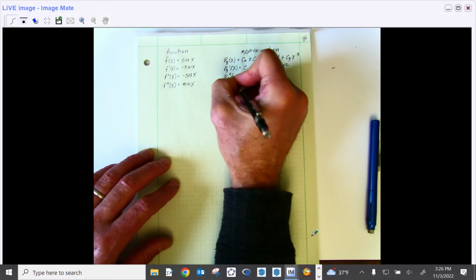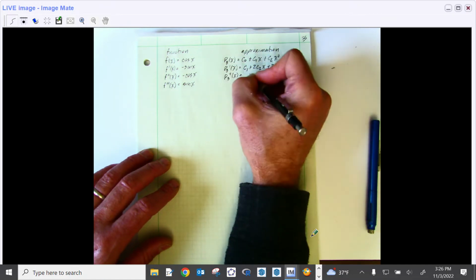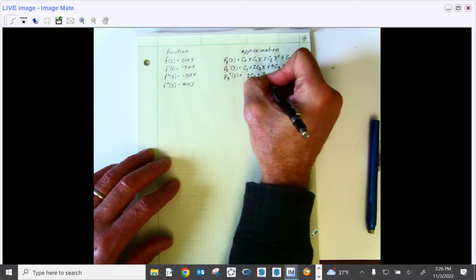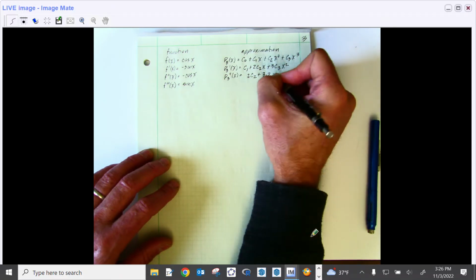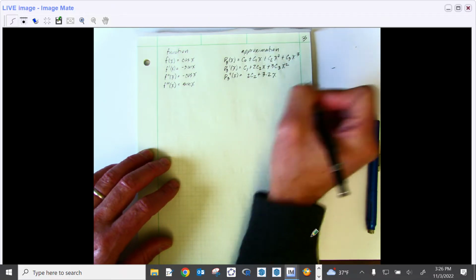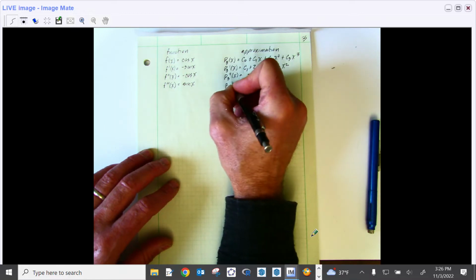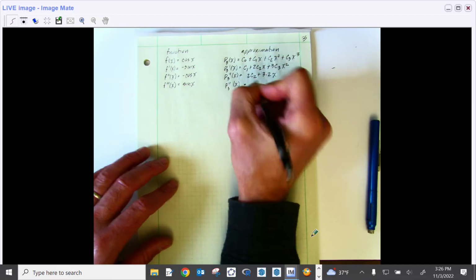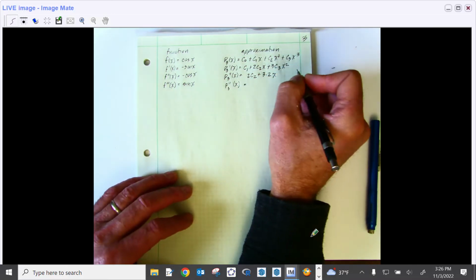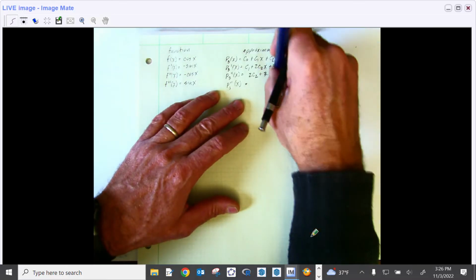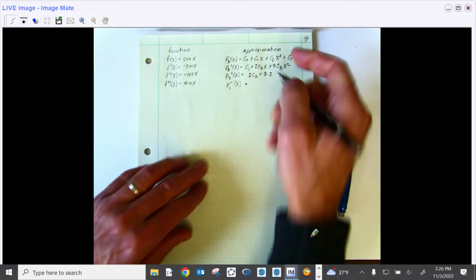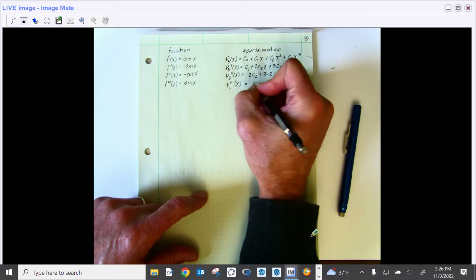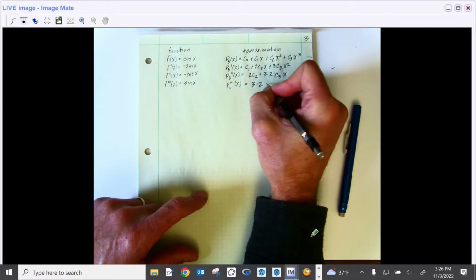P3 double prime of x is going to give us 2c2 plus 3 times 2 c3 x to the first, and p3 triple prime of x is going to give us, oh, I missed the c3 here. I want that constant still there. Just 3 times 2 c sub 3.